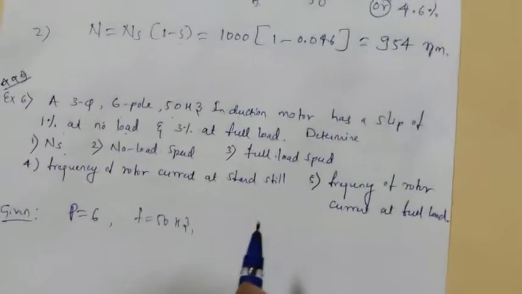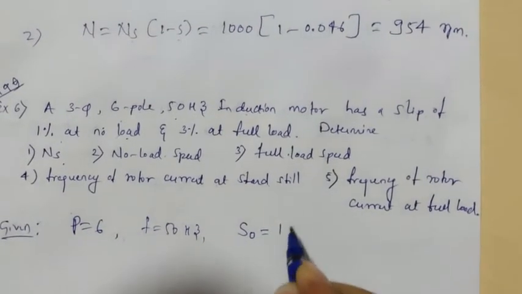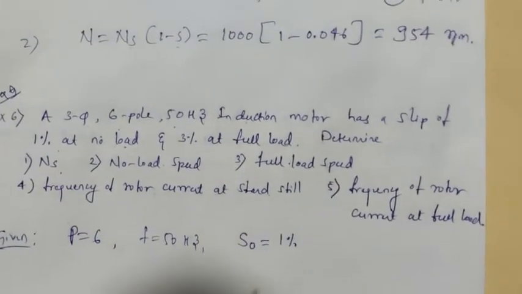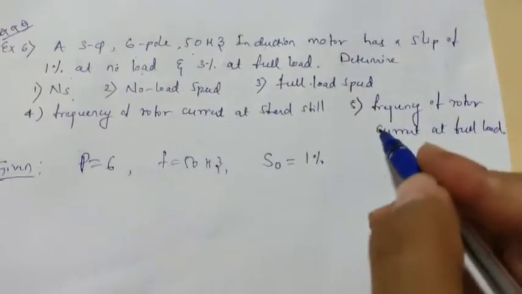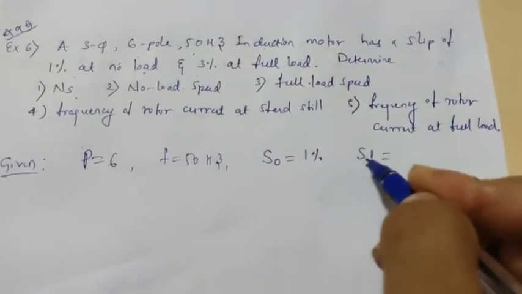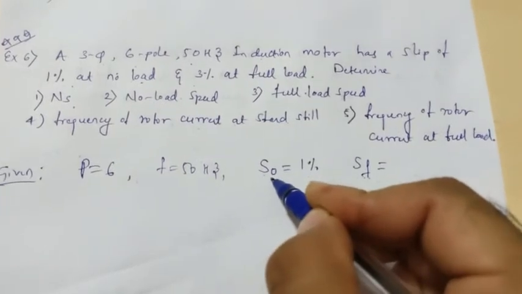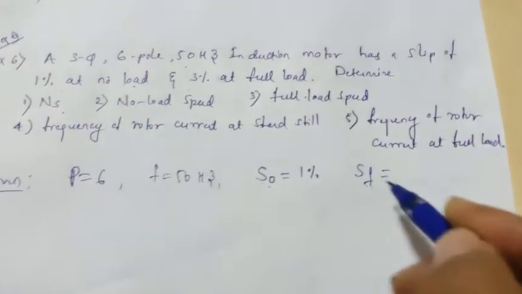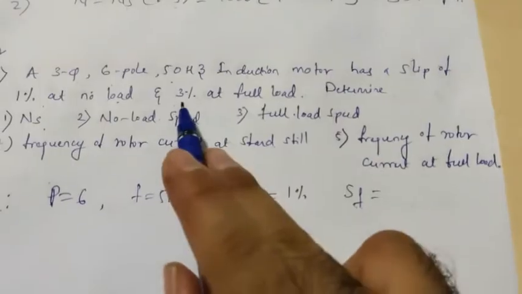No load means the load is 0, so I will take S0, 1%, and 3% means full load, so I will write SF for your understanding. SF means full load slip, S0 means no load slip. No load means 0, load is not there. Full load means F, so this is 3%.